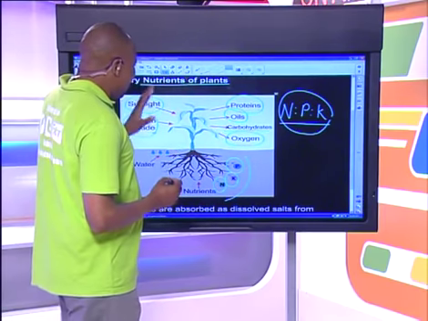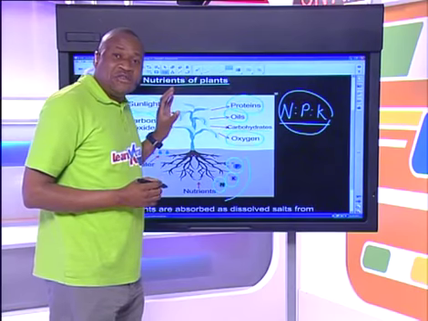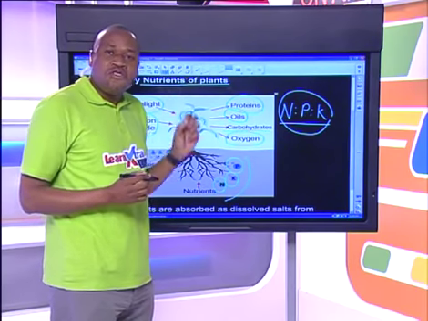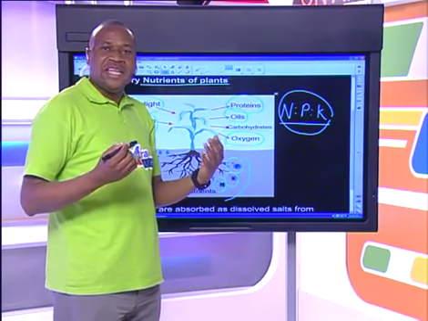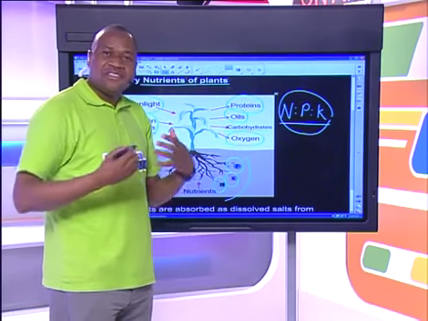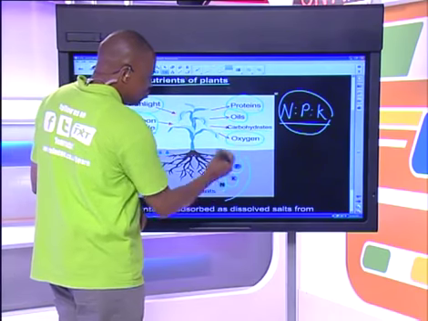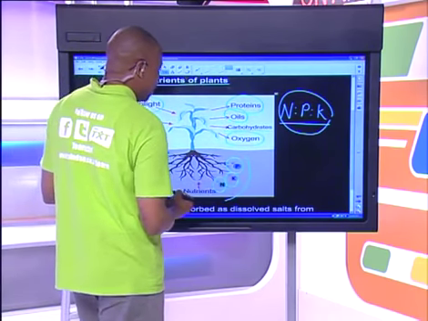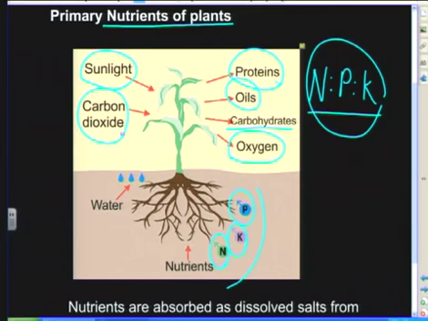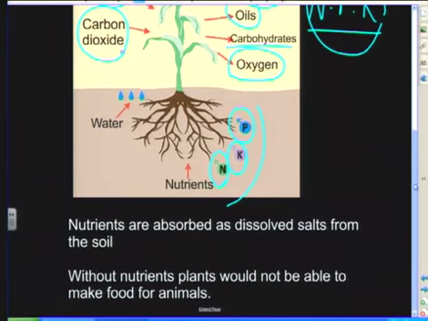But for them to be healthy, to grow and produce these foods that we need so that we can eat them and survive, they need nutrients. Napaka: nitrogen, phosphorus, potassium. Those are your primary nutrients.